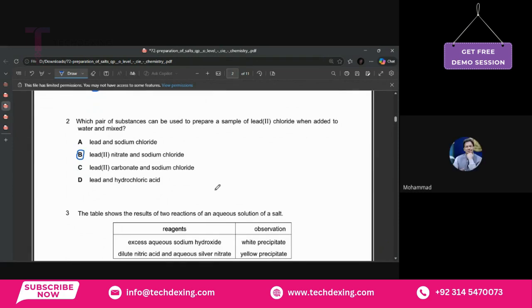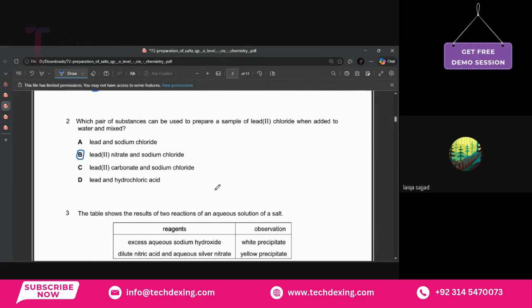Because lead carbonate is insoluble in water. Very good. Because to create lead chloride, we need to mix two soluble salt solutions together. We get an insoluble salt from two soluble salts, right? But lead carbonate is insoluble in water.